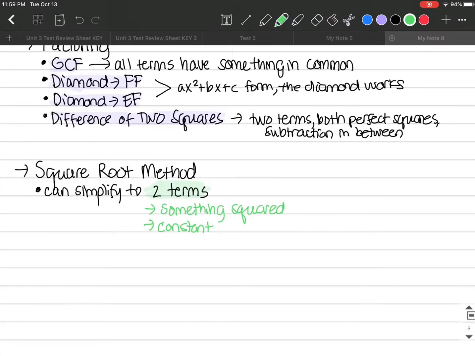If you have that, you know you're using the square root method. That's the easier one to use than the difference of two squares. So if you can, use the square root method instead.